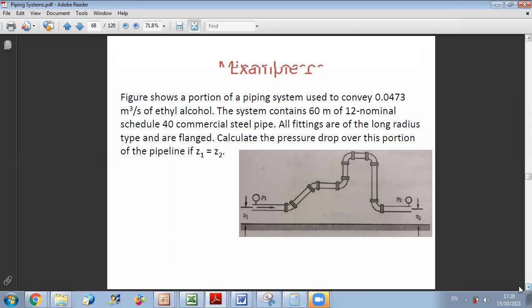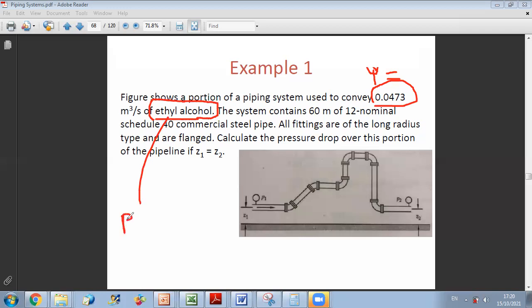Okay, so as usual, you should go to tables and appendix to collect information. So first, the flow rate is given. Q is equal to 0.0473 meter cube per second. When you have the type of fluid, you go to which table? To table B.1, okay? In this table, you can get the properties which are rho and mu.